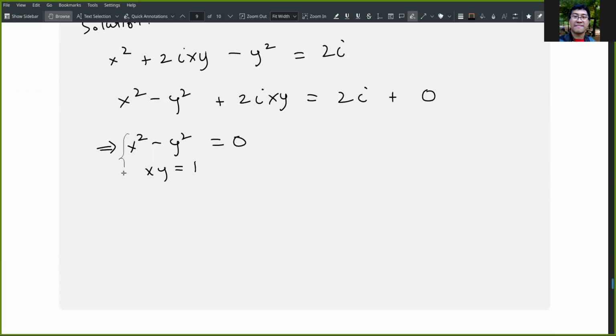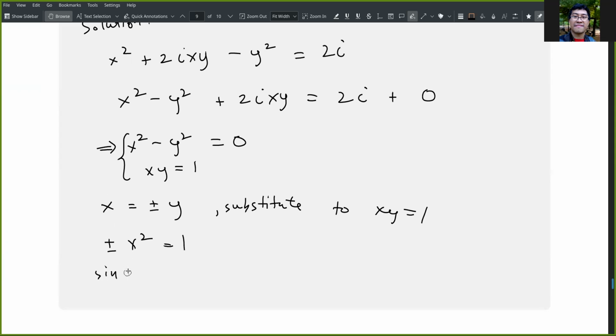Okay, now if you use this first equation, you get x equals plus and minus y. And then if you substitute this into xy equals 1, you get plus and minus x squared equals 1.